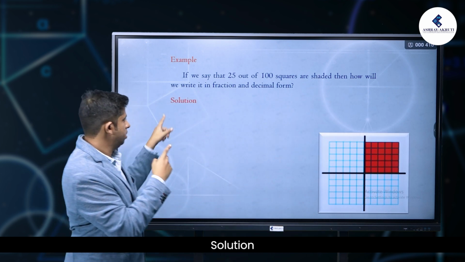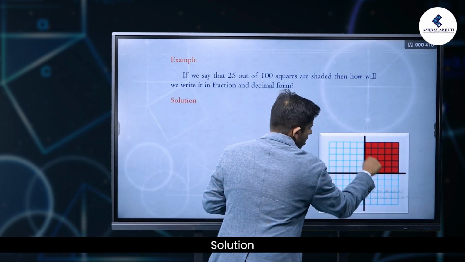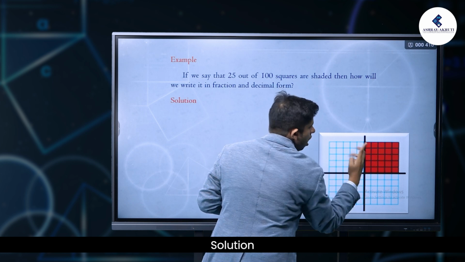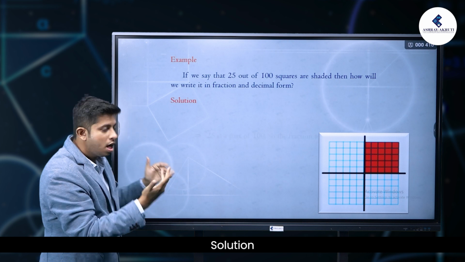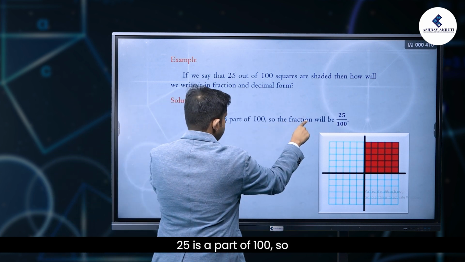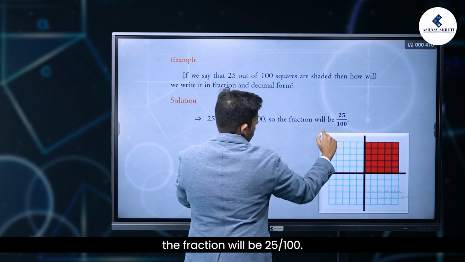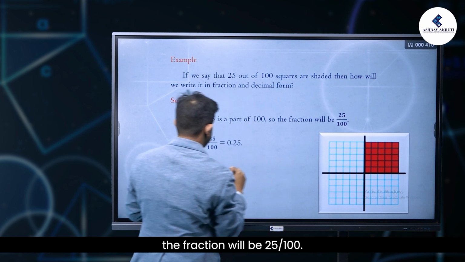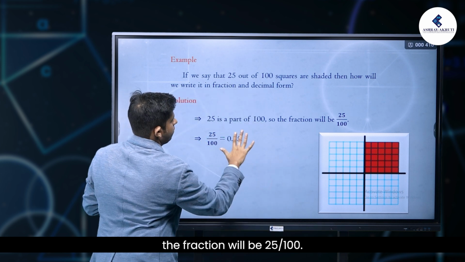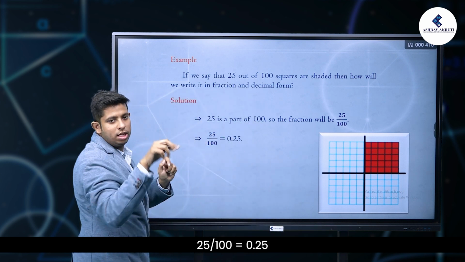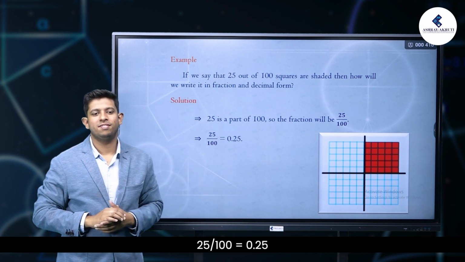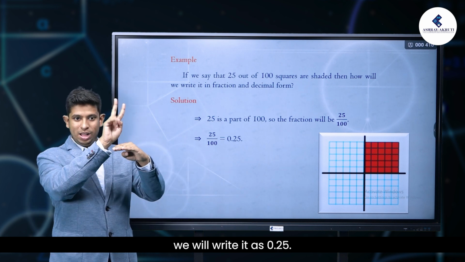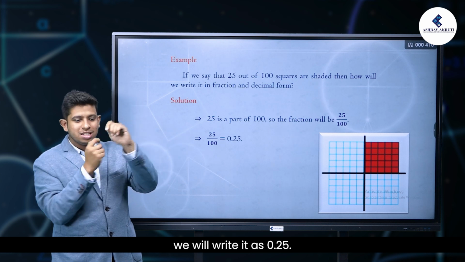Solution: 25 is a part of 100, so the fraction will be 25 by 100, which is equal to 0.25. In decimal form, we will write it as 0.25.